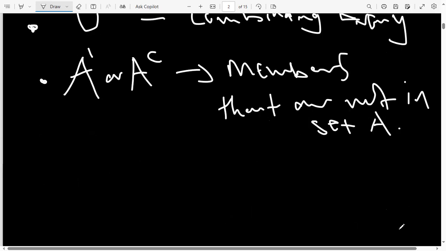It's very important to know the following. If in our proof we change the sign from member of to not a member of, it means the words in our proof, because we are going to be writing words, are going to change.